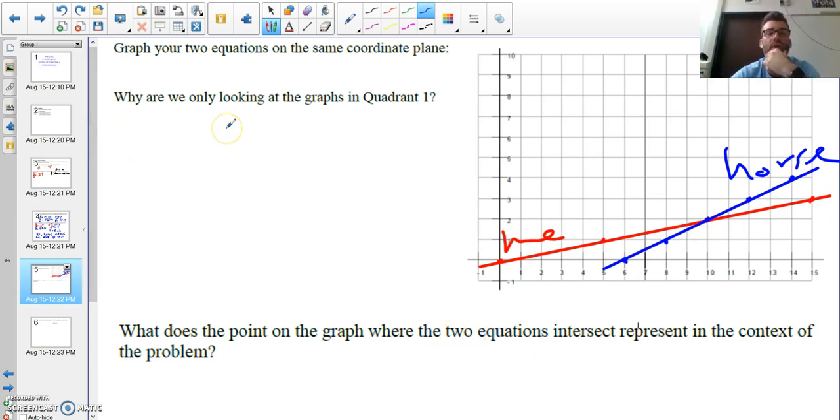So why are we only looking in quadrant 1? Well, think about it. Hopefully you actually answered this question. If we think about it, our two variables are distance and time.